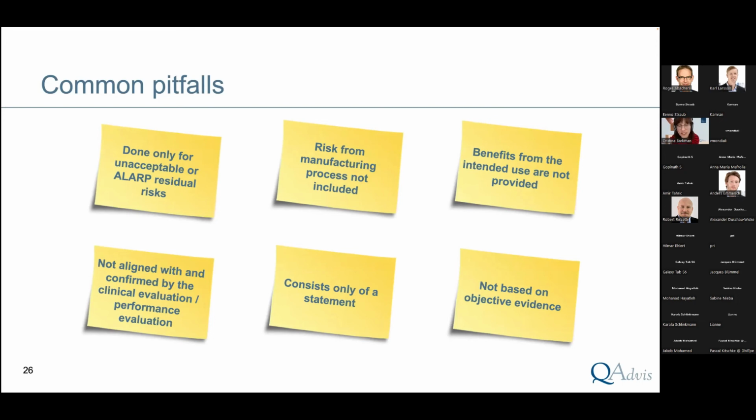Both in the standard and the medical device regulation, you need to do a benefit risk analysis for the overall residual risk, taking into consideration all contributions. Another mistake is that risks from the manufacturing process are seldom included, really.